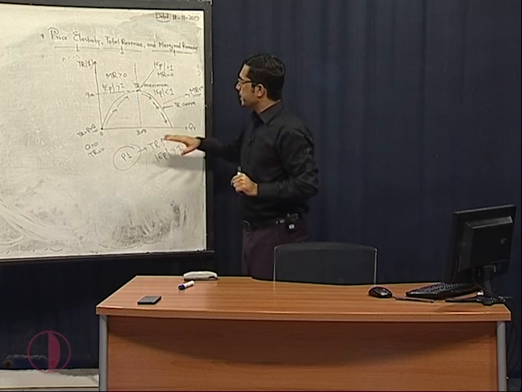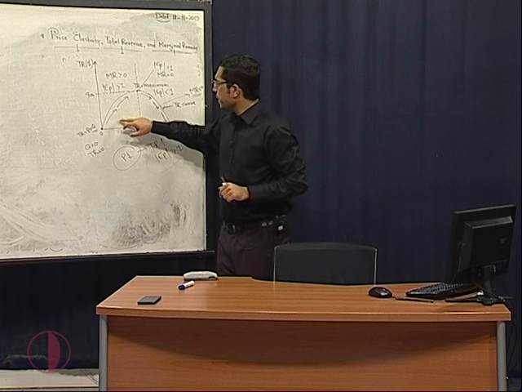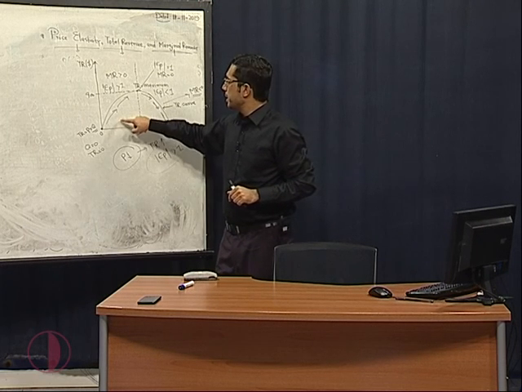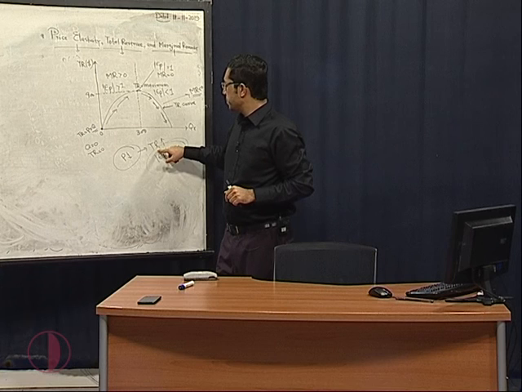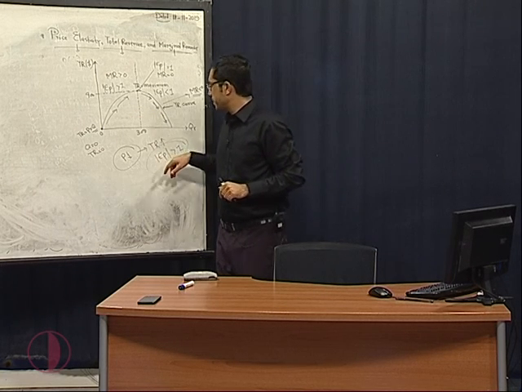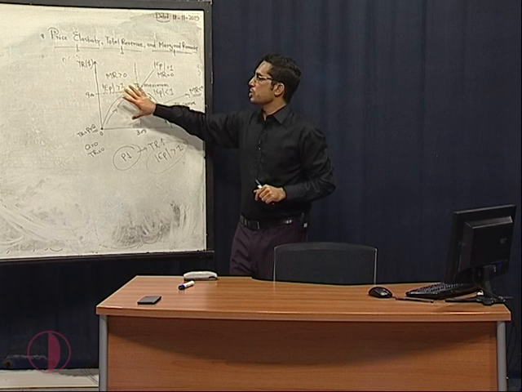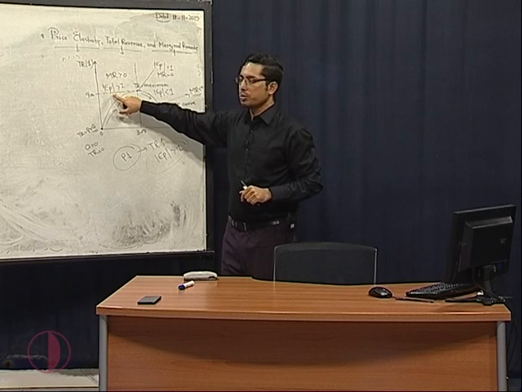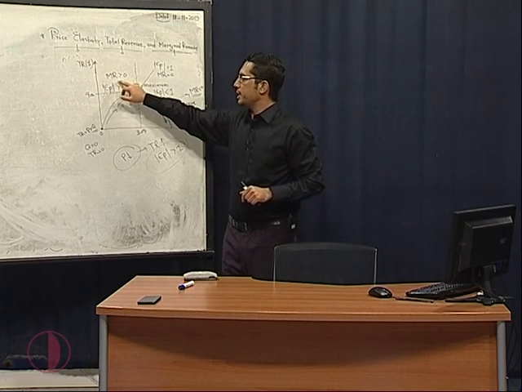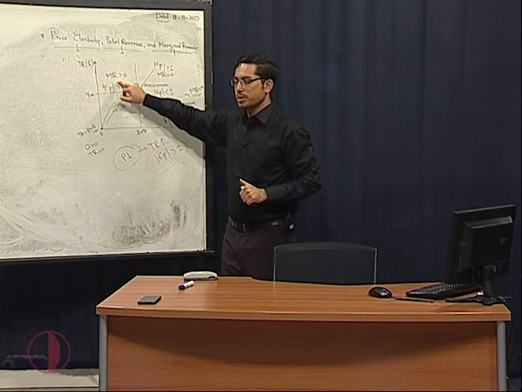So, it means that if the firm reduces its price and if its total revenue increases, it will be because the demand for the product is elastic. So, in this region the absolute value of the price elasticity of demand will be greater than 1 and the marginal revenue will be positive.